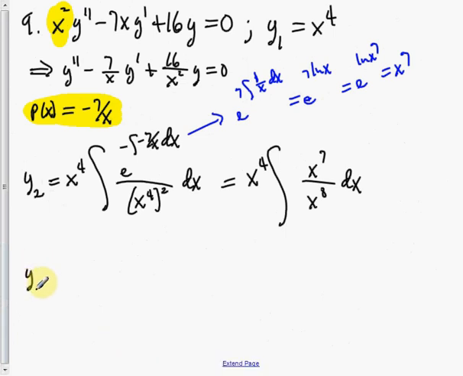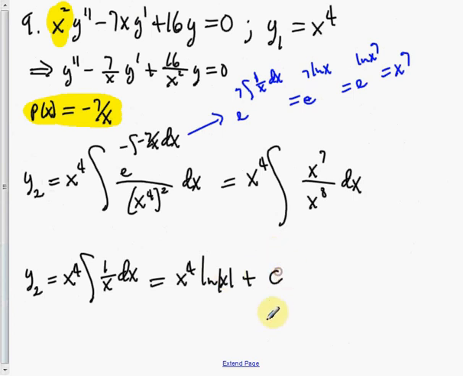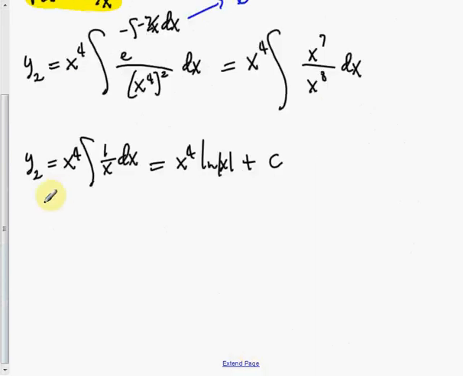So, yes, y sub 2 is x to the 4th times the integral of 1 over x dx. And so this is x to the 4th times the natural log of x, and we don't know the value of x, but it has to be positive for us, plus some constant c.